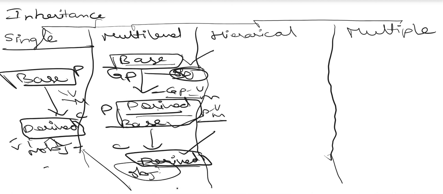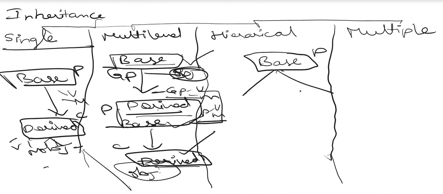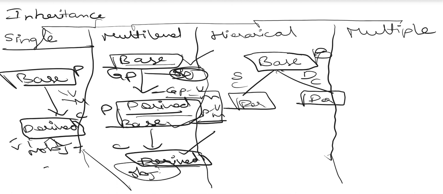Next, hierarchical inheritance. We have a parent, like a base class, and it has two derived classes. One base class has two derived classes, like a son and a daughter.